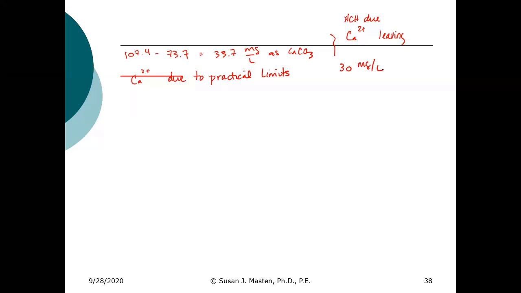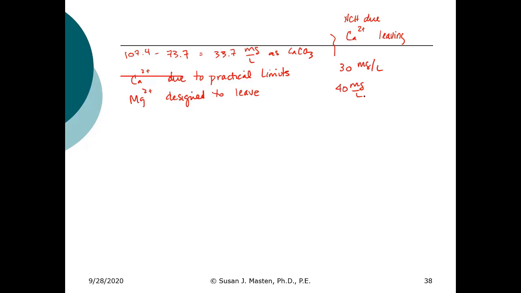We have improper, inefficient, incomplete mixing, so we're potentially short-circuiting. So we don't remove all the calcium. And then lastly, we're designing this system to leave 40 milligrams per liter of hardness in our water. And if we add this together, this is 103.7 milligrams per liter as calcium carbonate. So that's between that 80 and 120. So we're good.